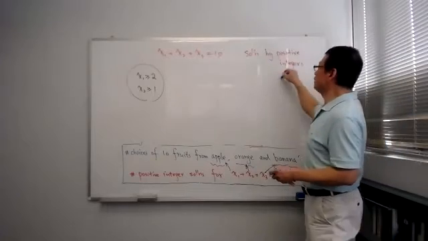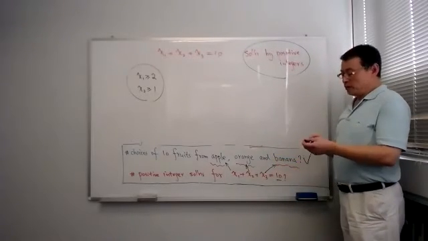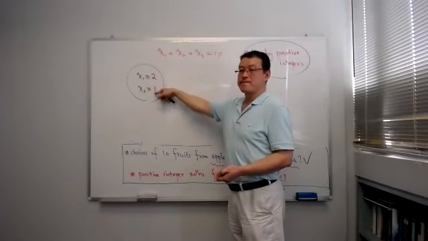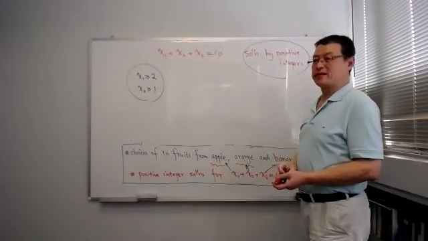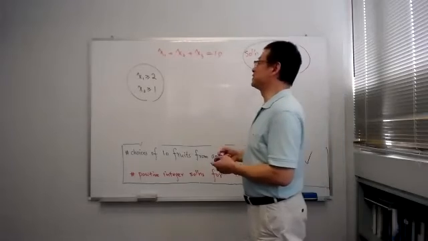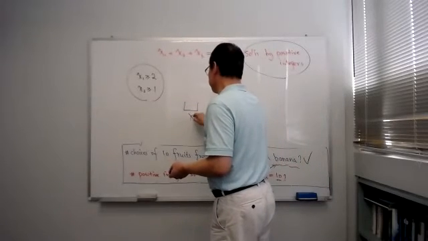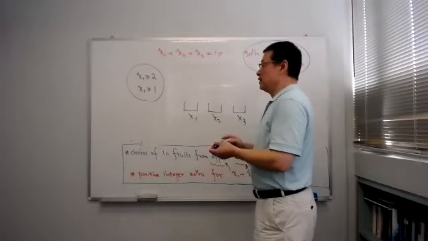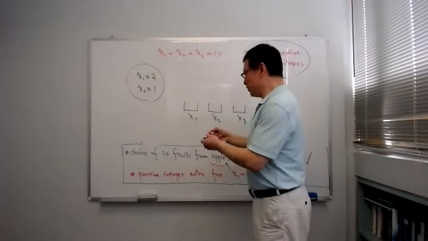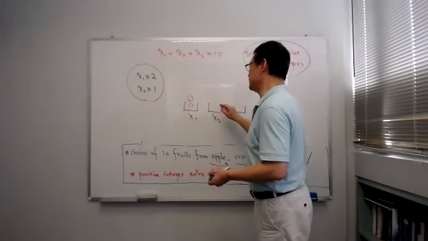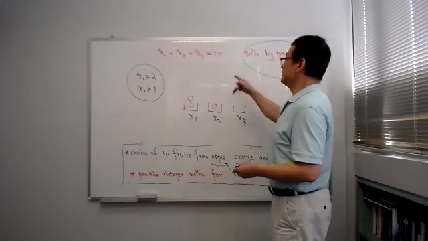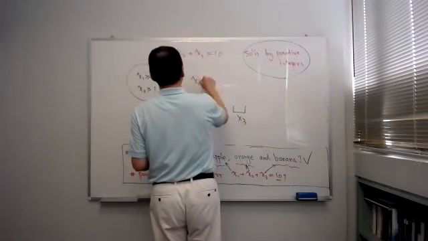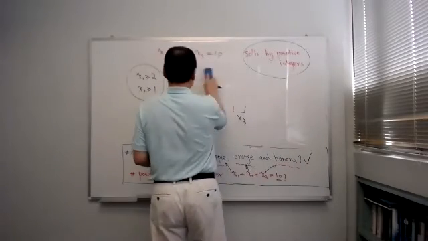We're still looking for the number of positive solutions under these constraints. Again I define these as boxes, x1, x2, x3. What this constraint means is that I already put 2 balls inside box 1 and 1 ball inside box 2. The total available number will be reduced. So it becomes x1 plus y1 instead of x2.